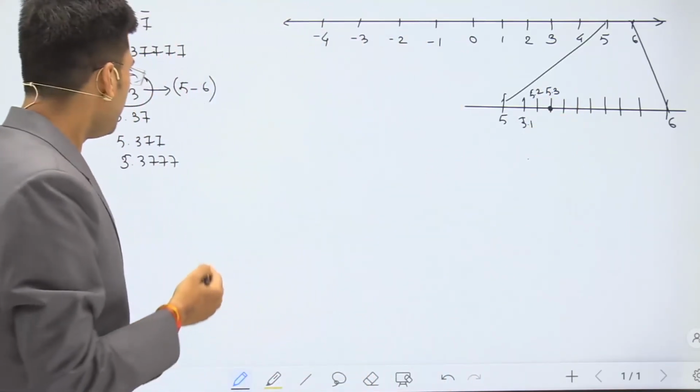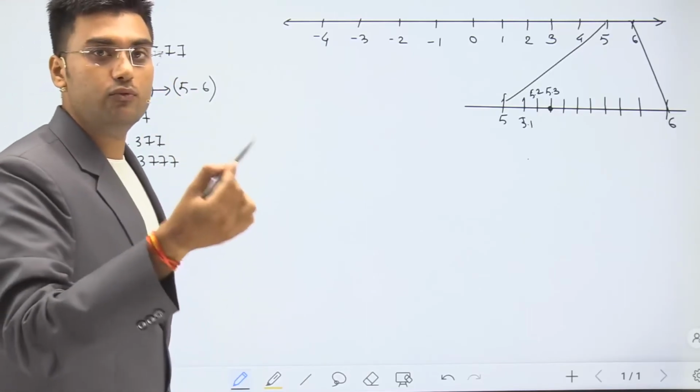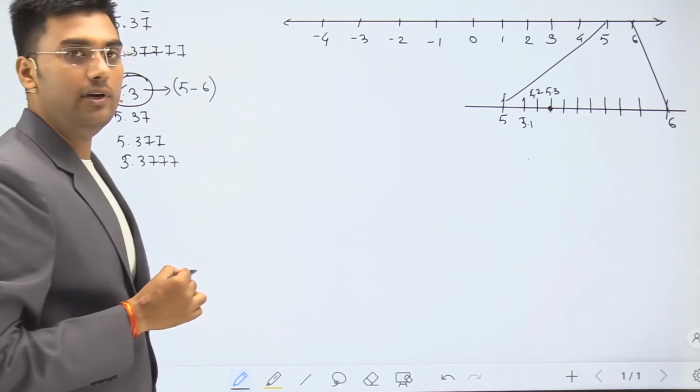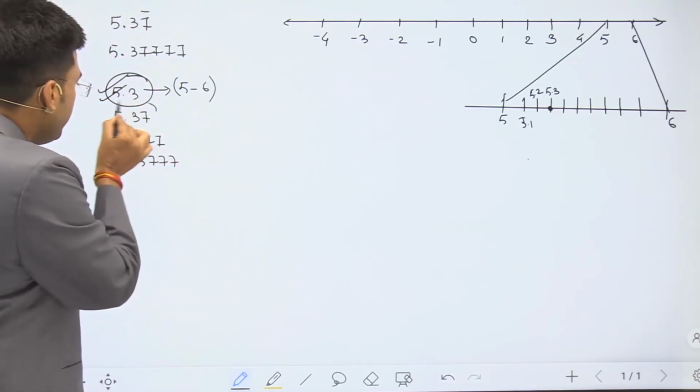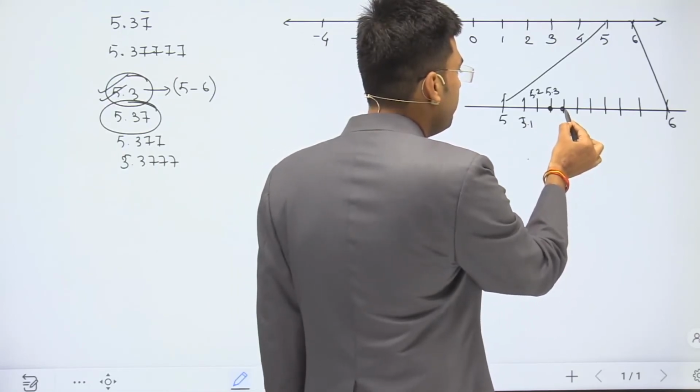We require to represent 5.37 bar up to 4 decimal places. 5.37 lies between 5.3 and 5.4.